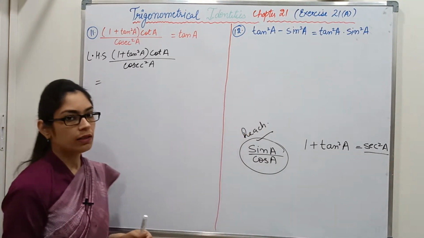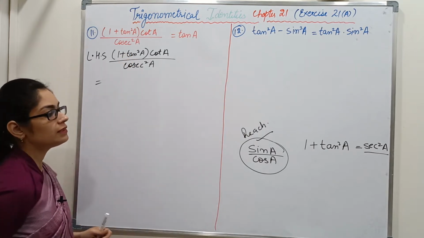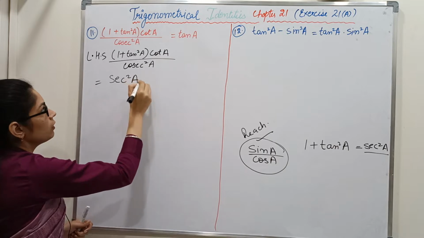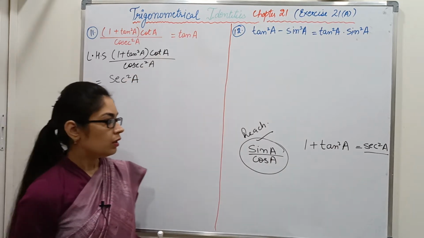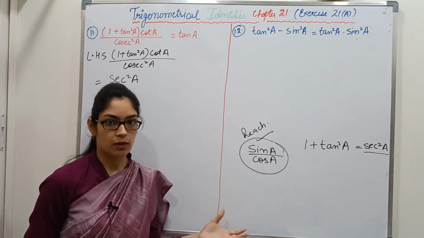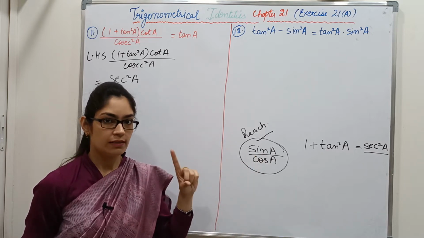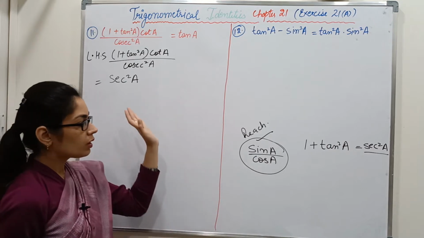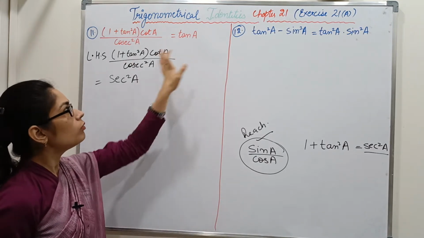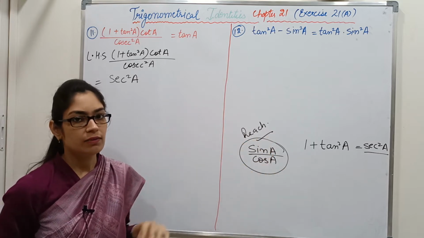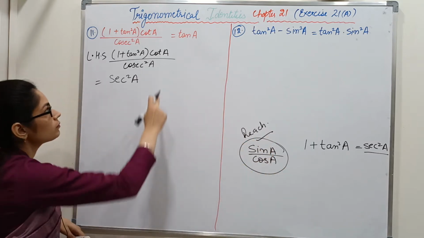So let's write this down. In place of 1 plus tan square A, we'll write secant square A. Cot: because we know we need sin by cos, that means we have to change. Let's change everything to sin and cos form.